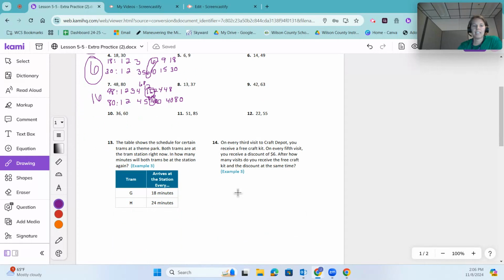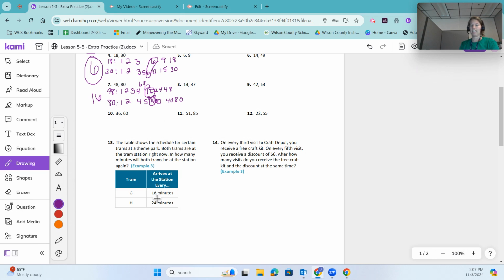Take a look here. The table shows the schedule for certain trams at the theme park. Both trams are at the tram station right now. In how many minutes will both trams be at the station again? So we've been doing greatest common factor.